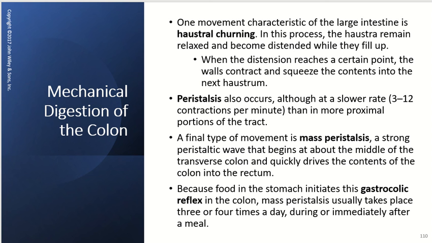Because food in the stomach is going to initiate the gastrocolic reflex in the colon, mass peristalsis is usually going to take place about 3 to 4 times a day, or immediately during or after a meal.